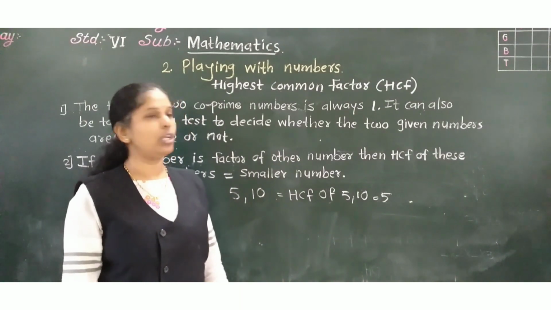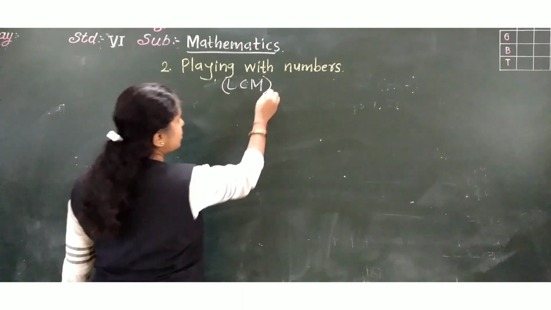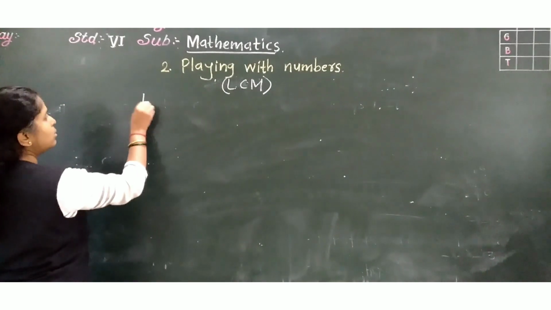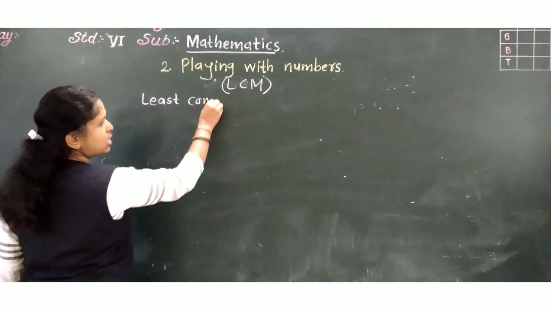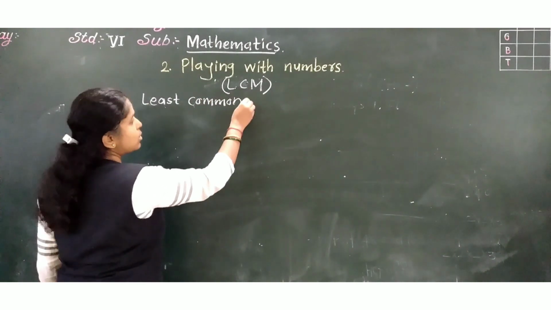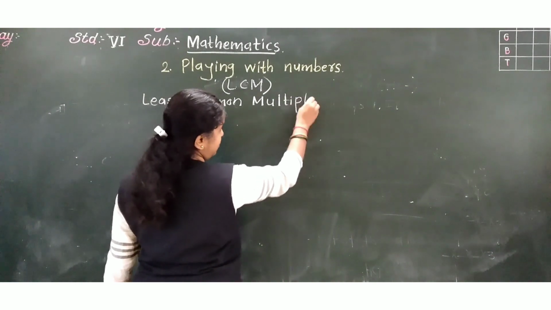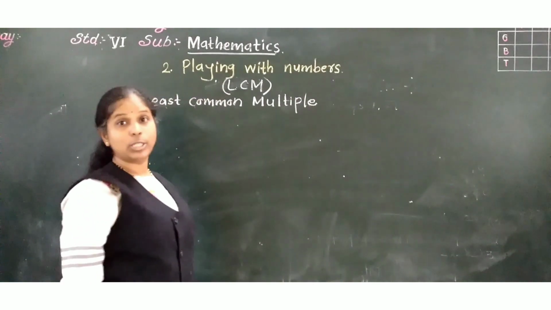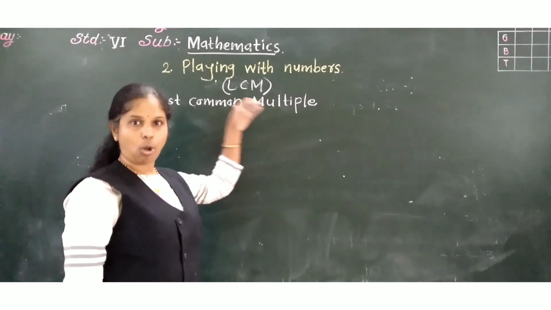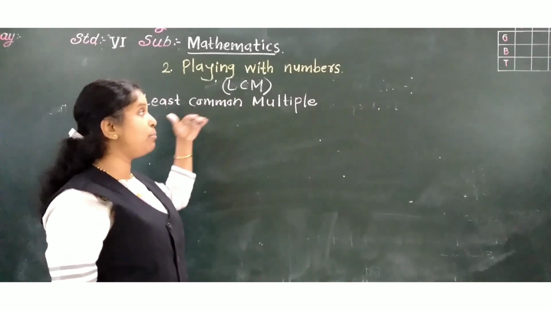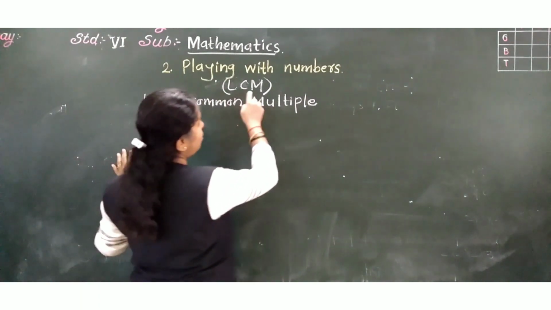Next we are going to learn LCM, that is least common multiple, meaning smallest common multiple. What does multiple mean? The numbers which come in the table of the given number, which can be divisible by the given number, are called multiples.